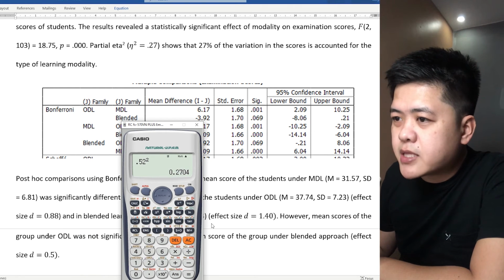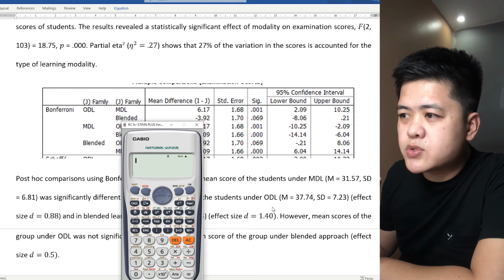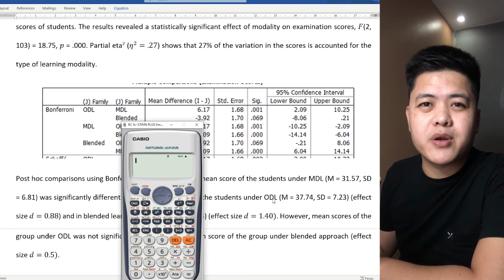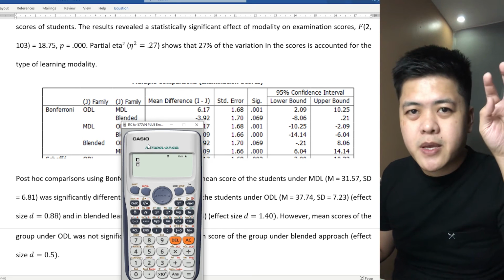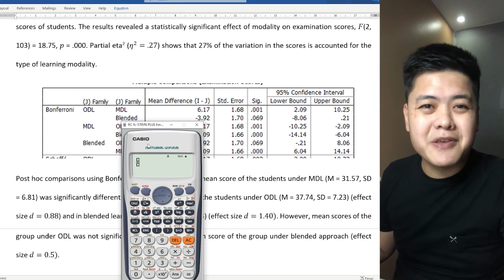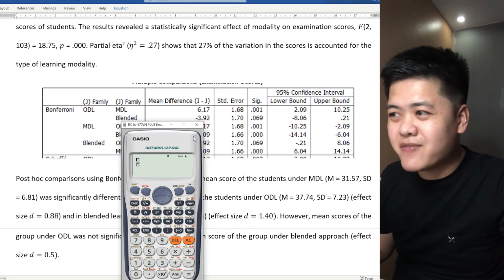Ang i-compare muna natin will be the effect size sa MDL versus ODL. So remember Cohen's d. Let's get the mean first sa taas. The difference between the means divided by the average of the standard deviation.